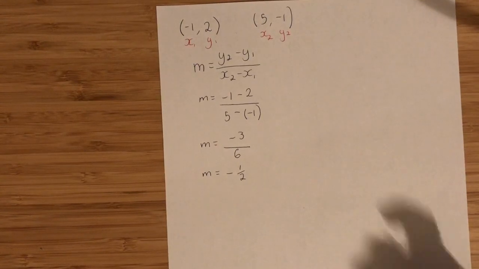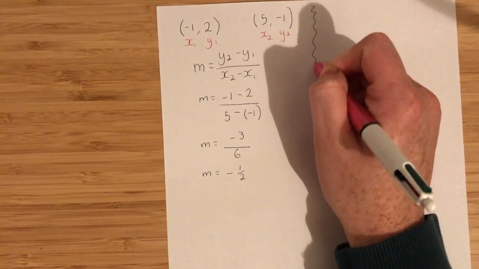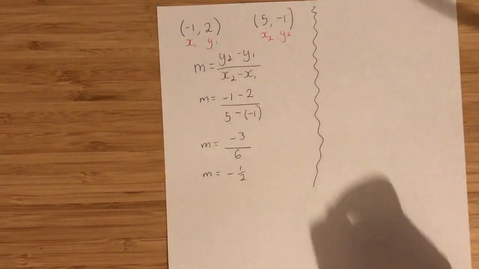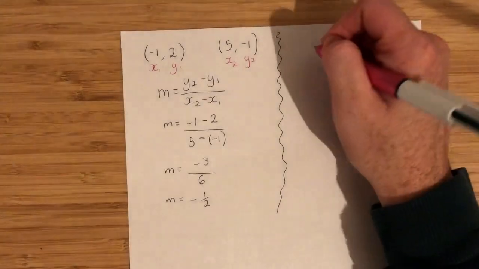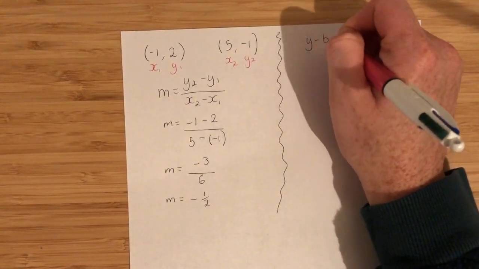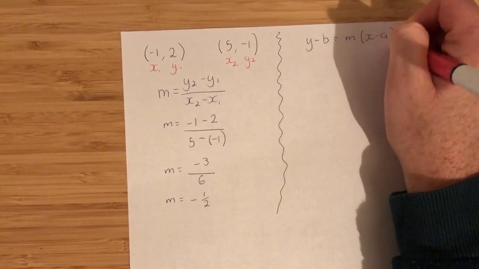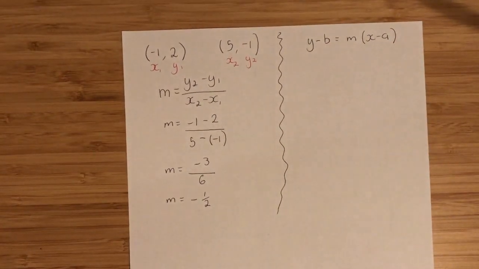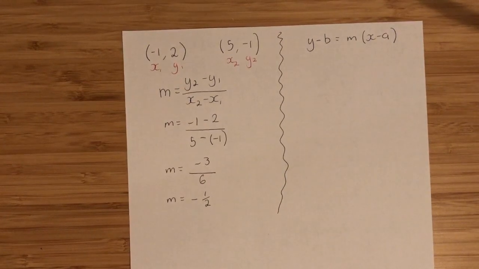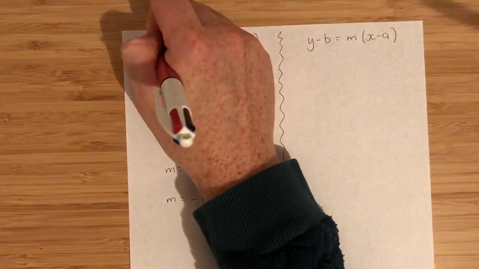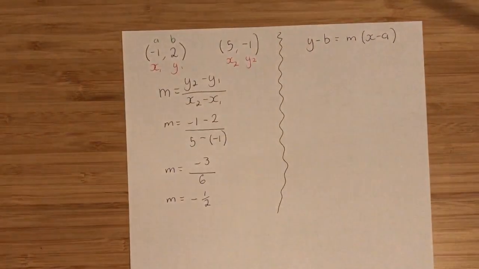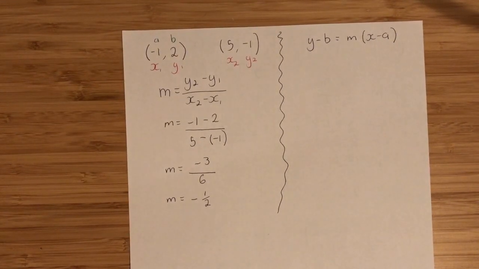All right, let's do the next section. So we write out y minus b equals m bracket x minus a. Choose one of our points to label A and B, and then we'll put them in.